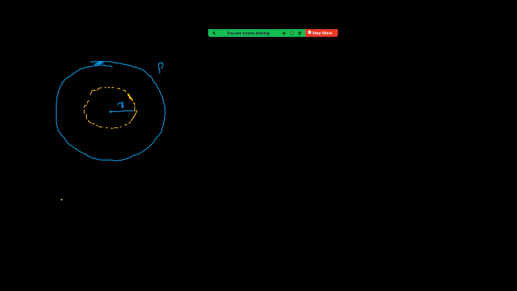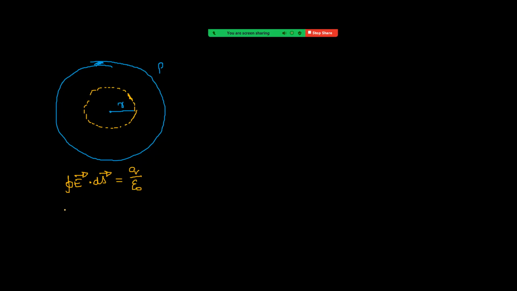From Gauss law we can write closed integral E bar dot ds bar equal to net charge inside by epsilon naught. At each and every point the modulus of E bar is the same, and the angle between the two vectors is 0.